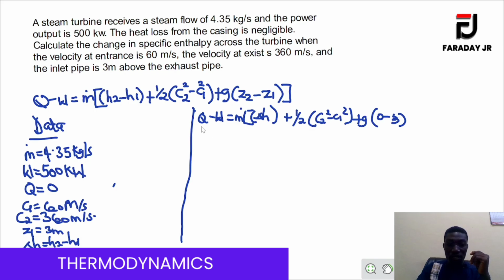Now our Q was neglected, so we have 0 minus our work output, which is positive, so 500 kilowatts. Don't forget it's in kilo, and that is equal to our mass, 4.35.